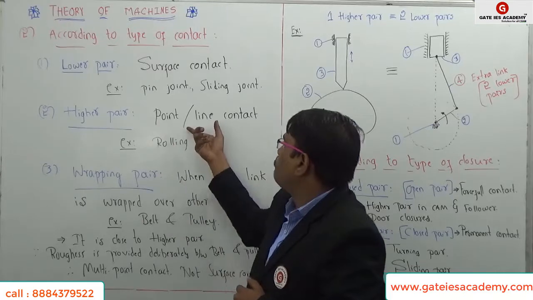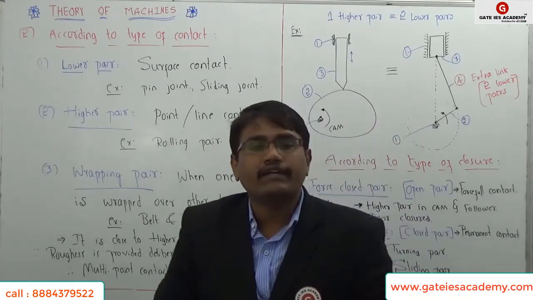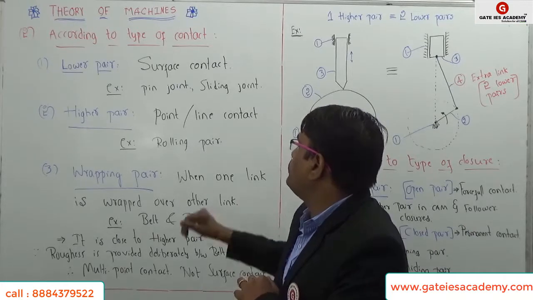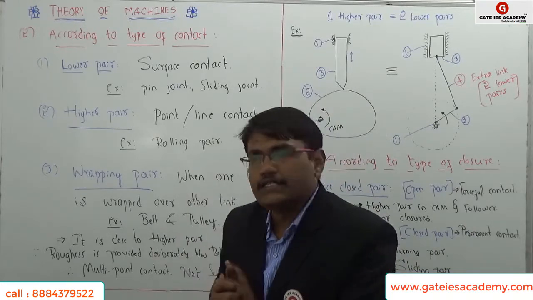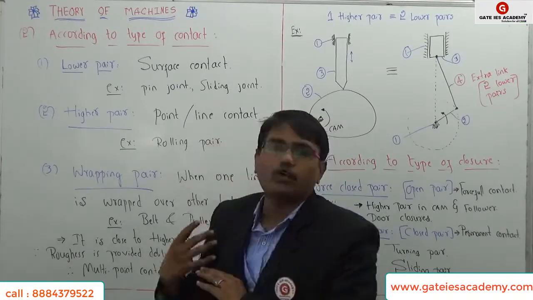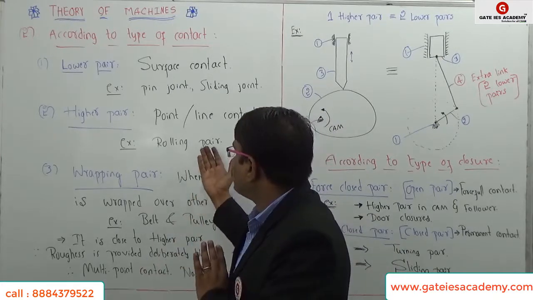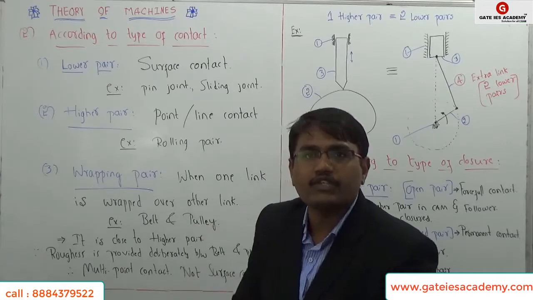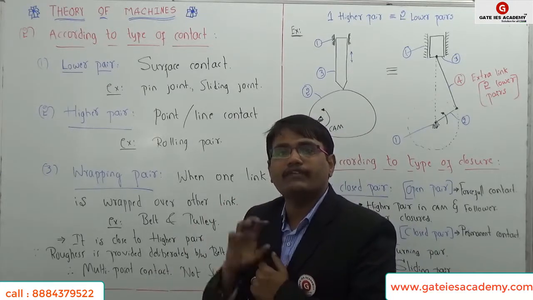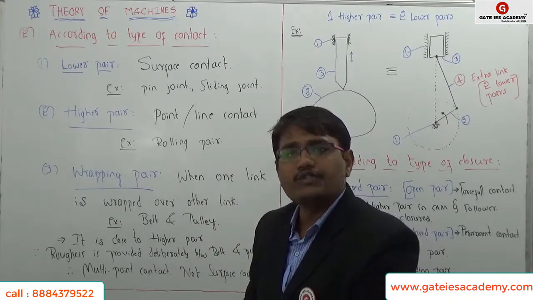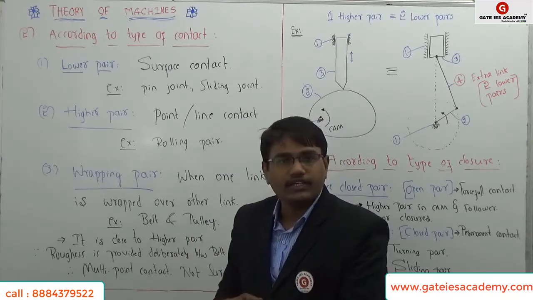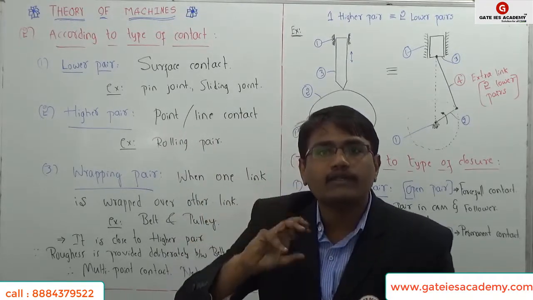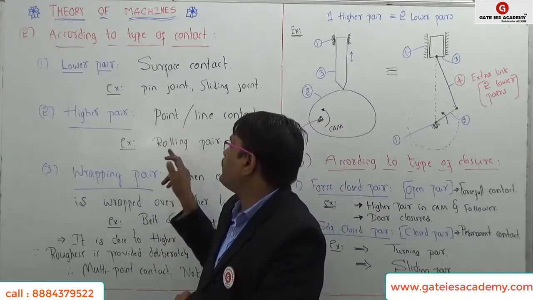When a point or line contact is established between two links, for example take a rolling pair. When a cylinder is rolling over a surface, what kind of contact is there between the cylinder and the surface? There is a line contact, right? And when a ball is rolling over a surface, there is a point contact.